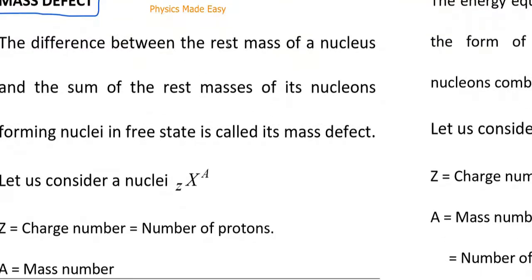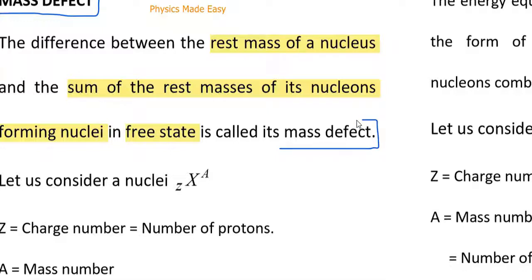The difference between the rest mass of the nucleus and the sum of the rest masses of the nucleons forming the nucleus in free state is called mass defect. Listen once more. The difference between the rest mass of the nucleus and the sum of the rest masses of the nucleons forming the nucleus in free state is called mass defect.